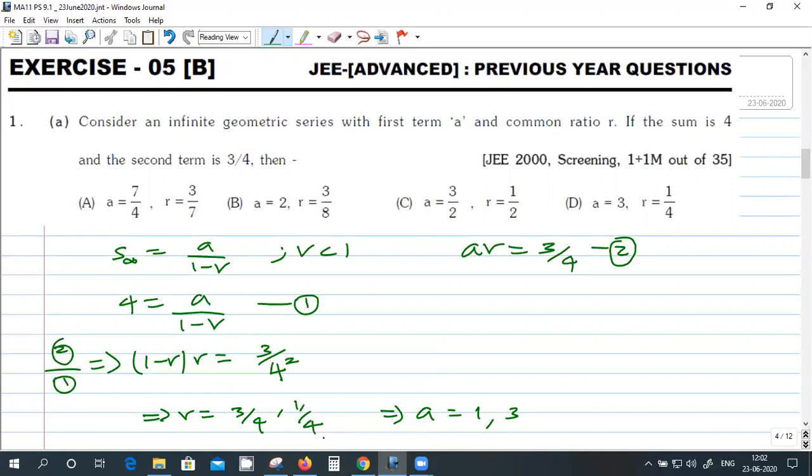So when r is 1 by 4, a is 3. And when a is 1, r is 3 by 4. Okay, one of the options is matching: a is 3 and r is 1 by 4.